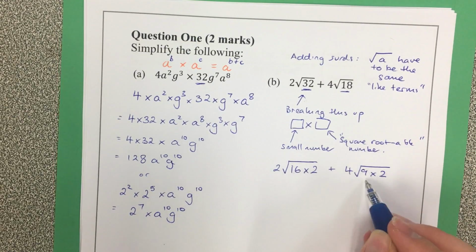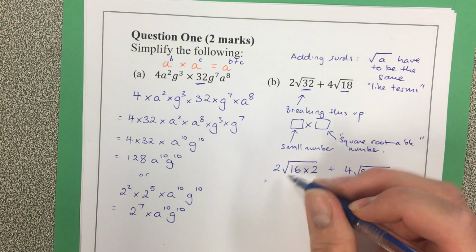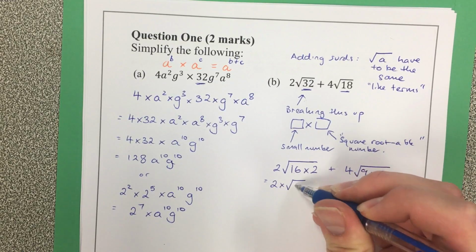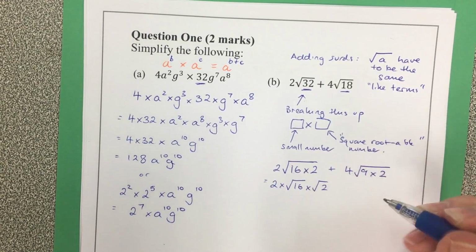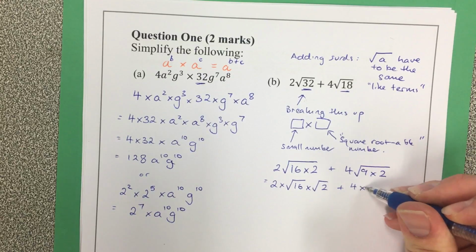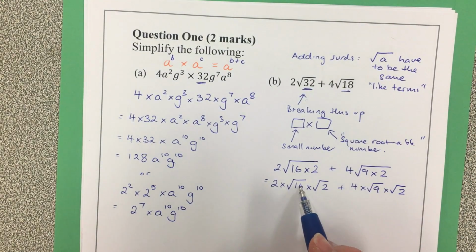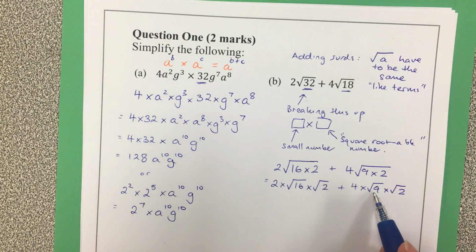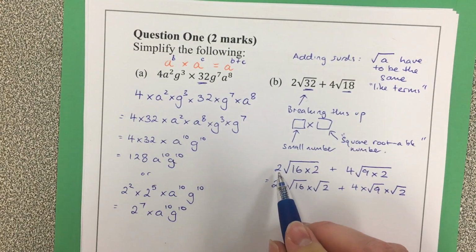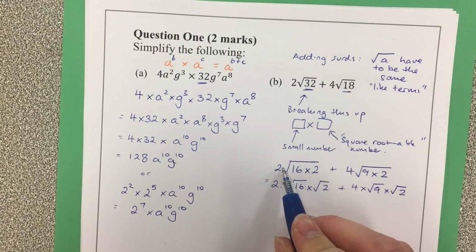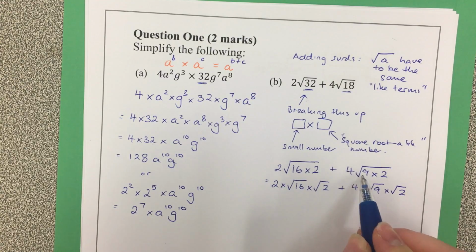And suddenly we've got a square rootable number, because this would be the same as two times root 16 times root 2 plus 4 times root 9 times root 2. Please remember the little 2 at the front just means that that's times. So it's 4 times this answer.